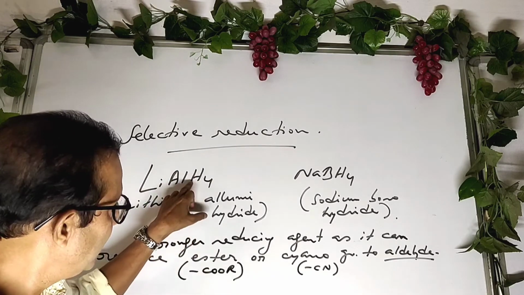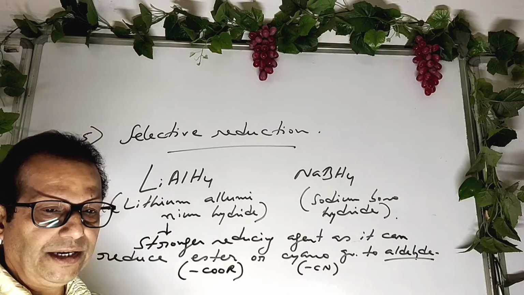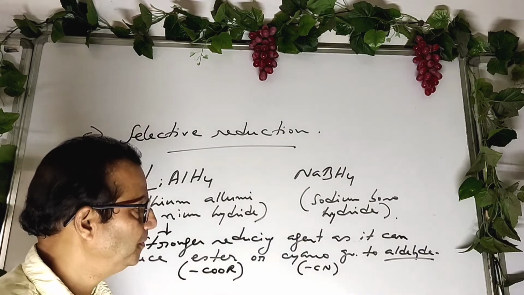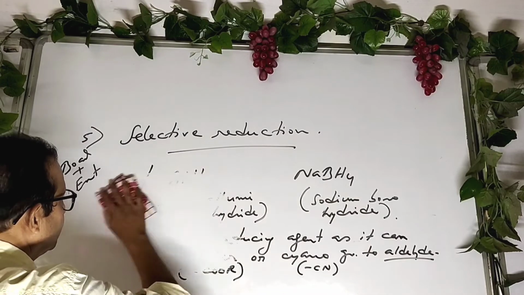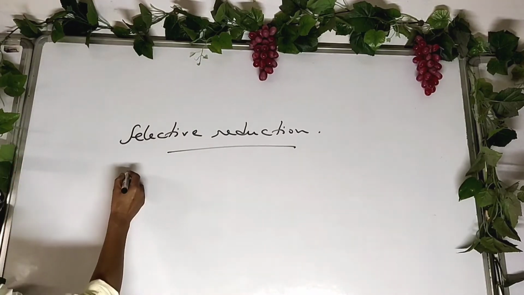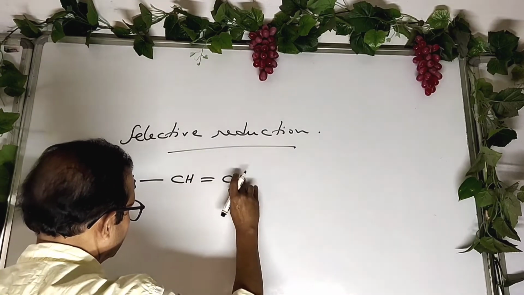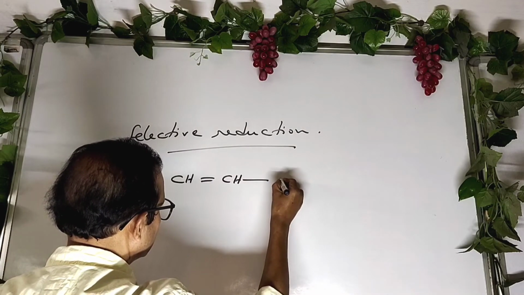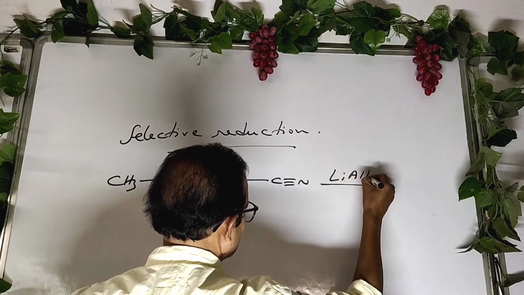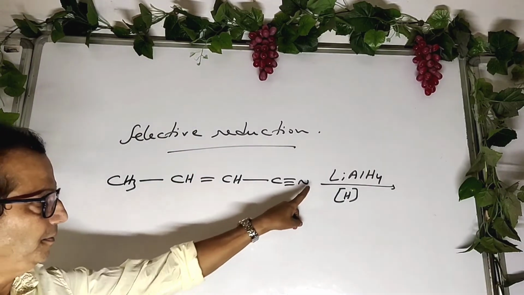The problem is that it can also reduce the side chain if it contains a double bond, nitro group, etc. That's the problem. See, this is the compound.